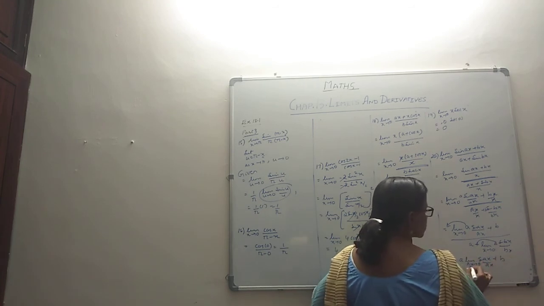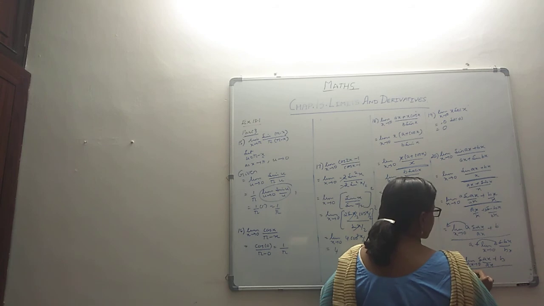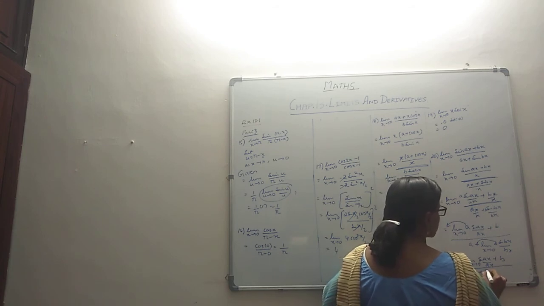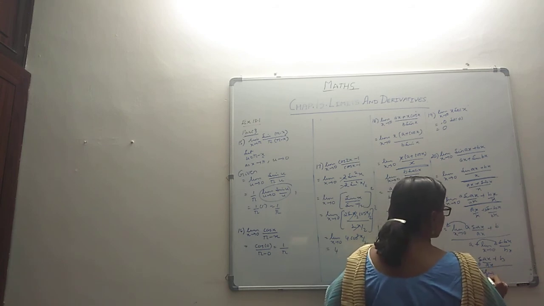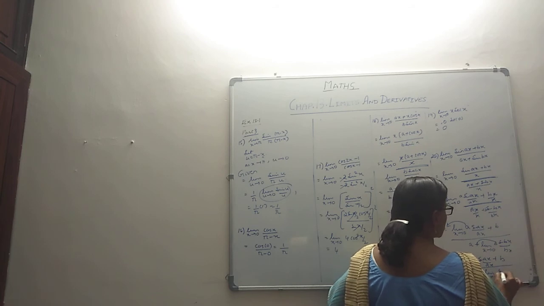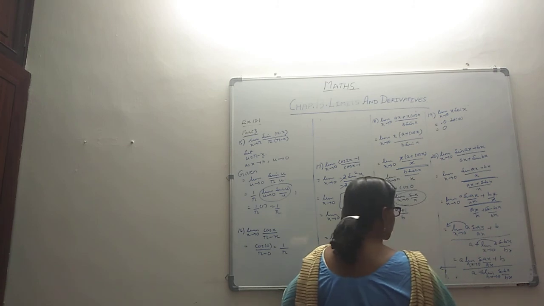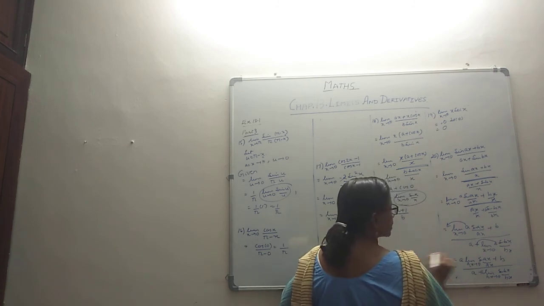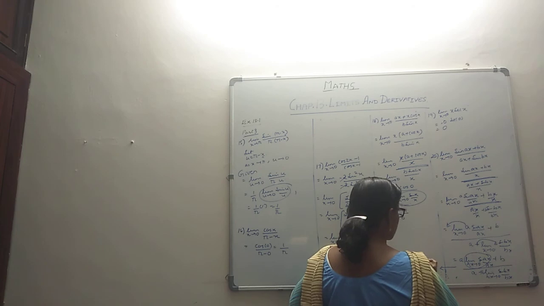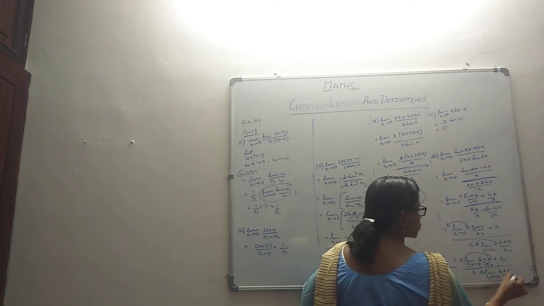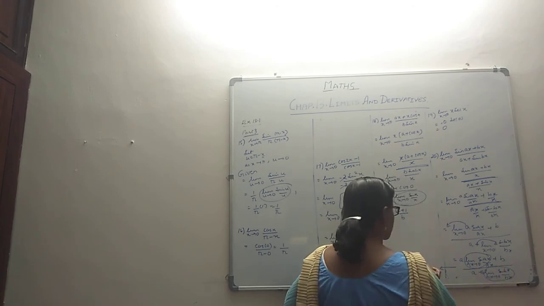You mark the change over here, and then it's like a plus limit as bx goes to 0 of sin bx by bx. What will come is equal to a, this will be of course 1, so a plus b, and this is also 1, so that's also a plus b.